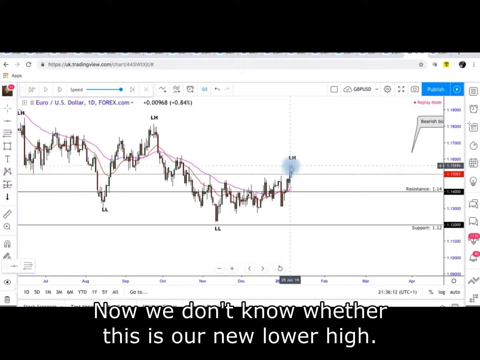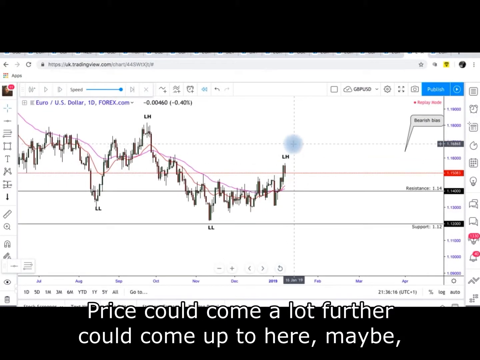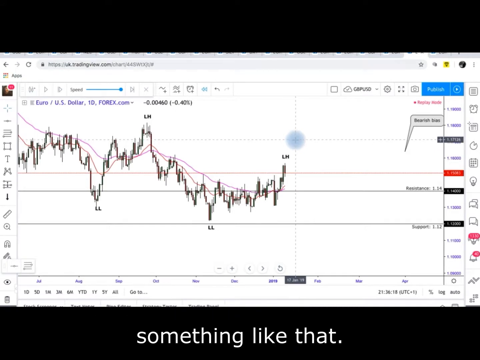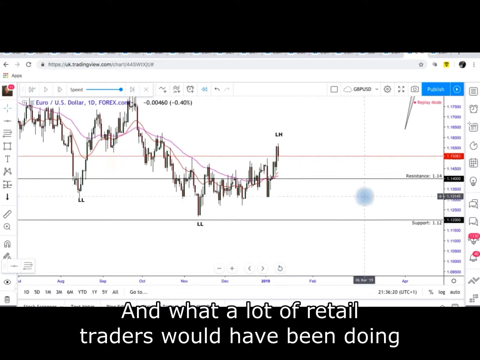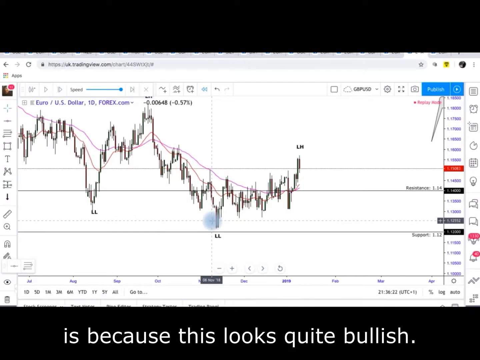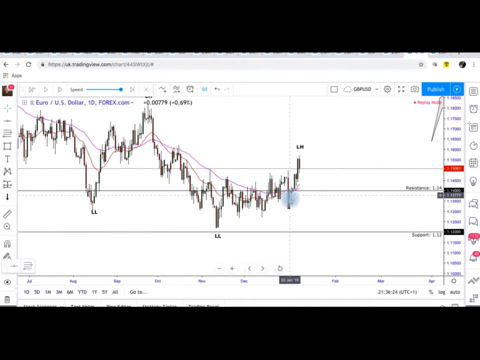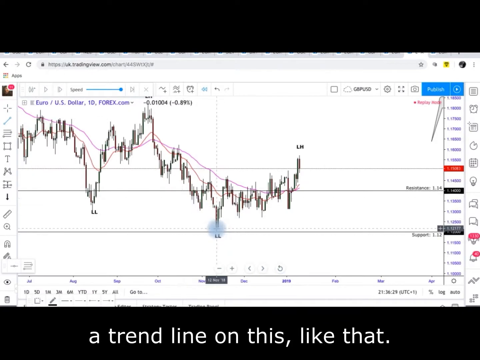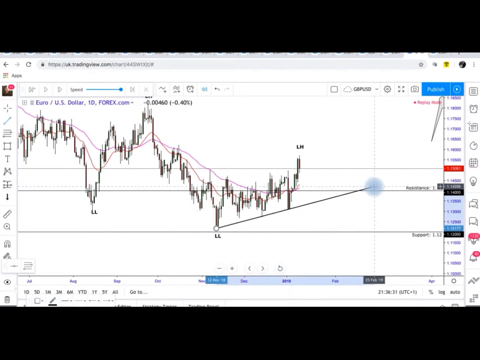Now, we don't know whether this is our new lower high. You know, price could come a lot further. It could come up to here maybe, something like that. And what a lot of retail traders would have been doing is, because this looks quite bullish, they would have been drawing a trend line on this, like that.